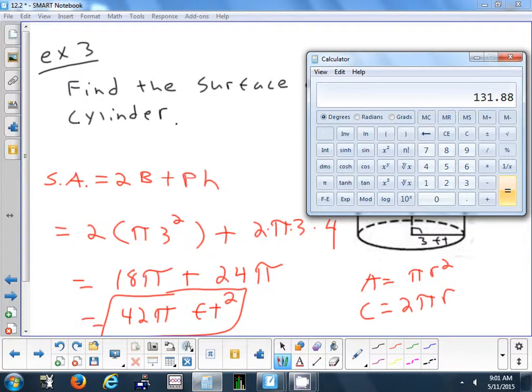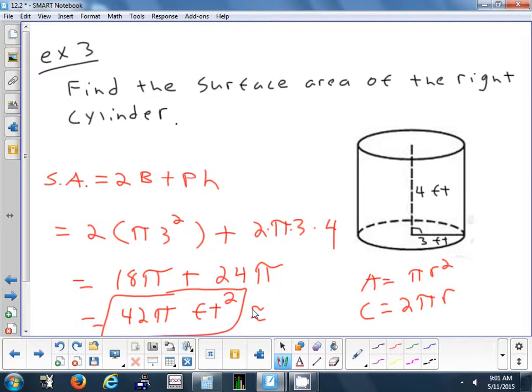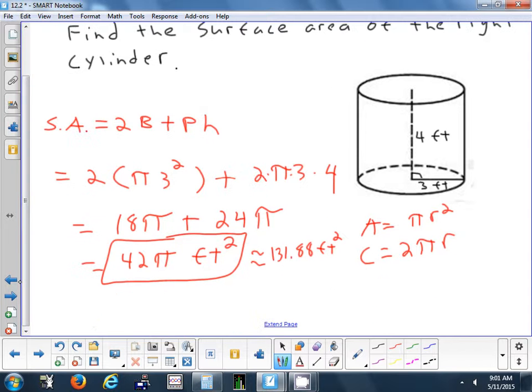It's about 131.88. On a test, if the directions don't say how to leave it, I don't care if you leave it in terms of pi. That's fine. Any questions on that one?